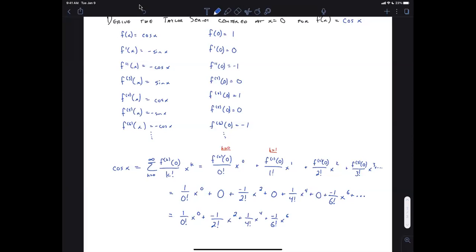Okay, so the next three non-zero terms would be 1 over 8 factorial x to the 8th plus negative 1 over 10 factorial x to the 10th plus positive 1 over 12 factorial x to the 12th.